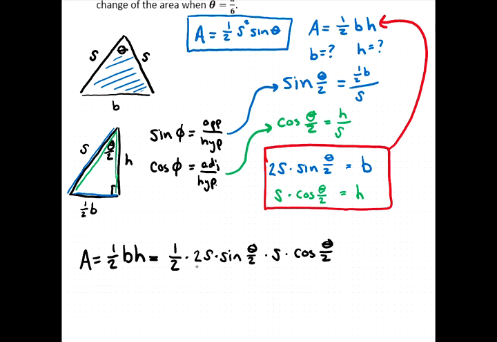And, well, we have 2 times the sine times the cosine. So this 2, this sine, and this cosine, we could apply the double angle formula.